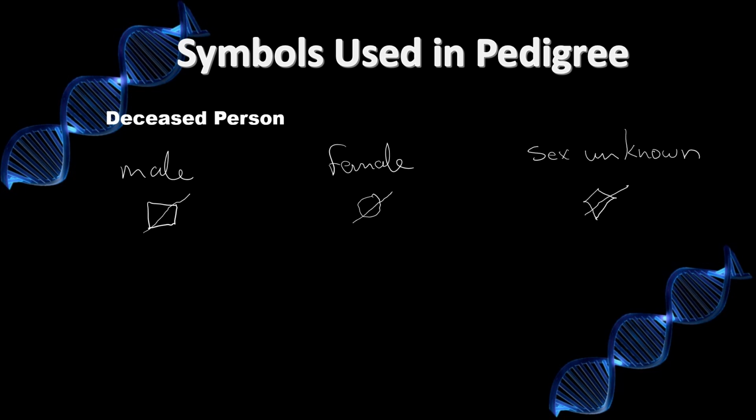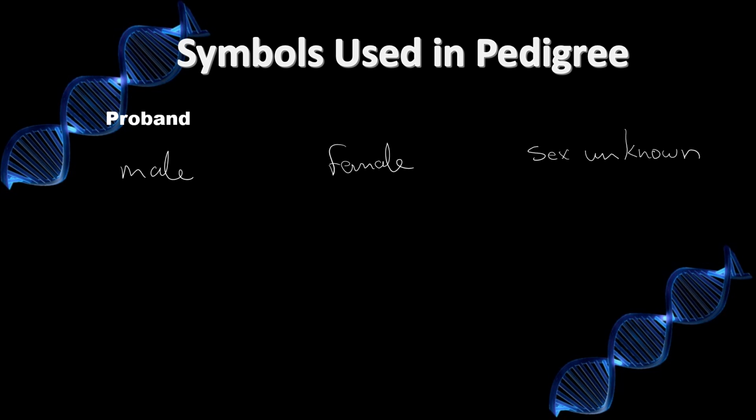Now what is the proband? Proband is the first affected family member coming to the attention of a geneticist, or a person who goes to a hospital for genetic analysis, or the person through whom we are checking a family's genetic analysis.